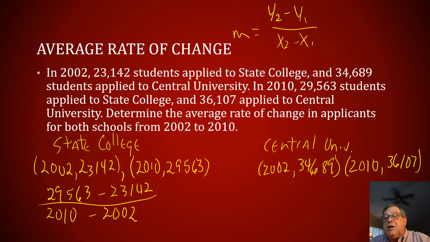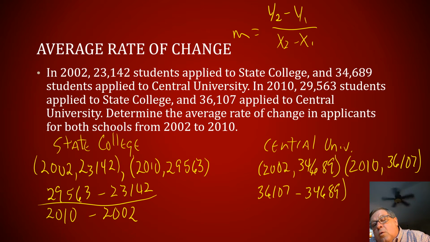And we're going to set up Central the same way. So my Y2 position, I got 36,107 minus 34,689 in Y1. Again, I designate Y1 and Y2 for the coordinates from reading left to right. Have a consistent method in how you do that. And then X2 is 2010 minus 2002.